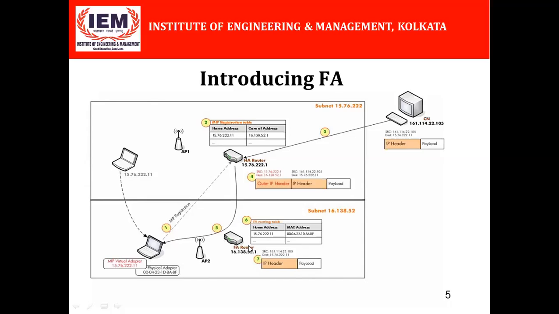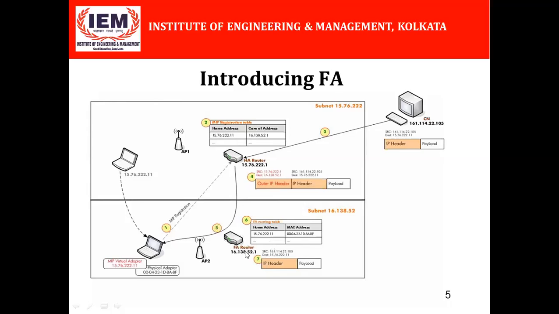This is the difference between the previous figures and the current figure. What happened? The registration process takes place at the first step, second step mapping, third step communication between the corresponding node and the home agent router, fourth stage the outer IP header addition, fifth stage communication via this foreign agent router.